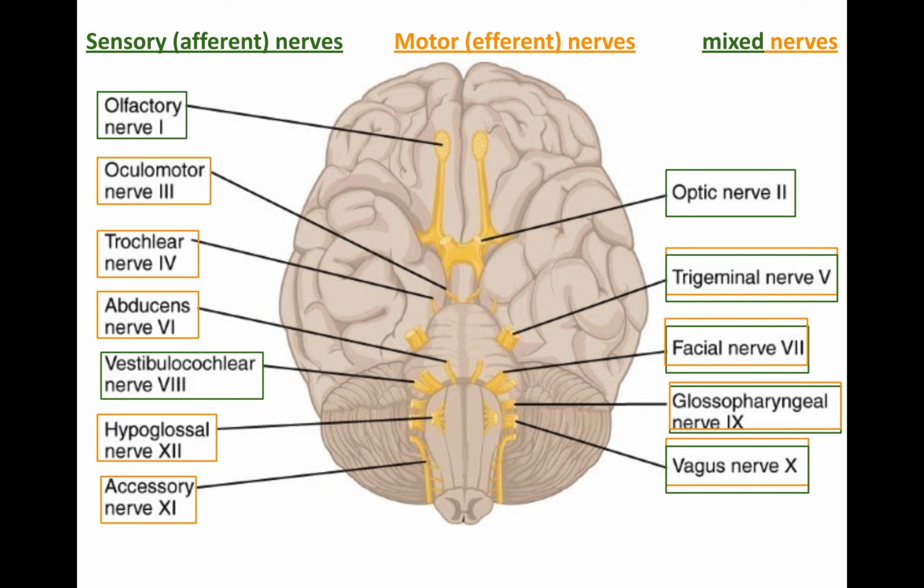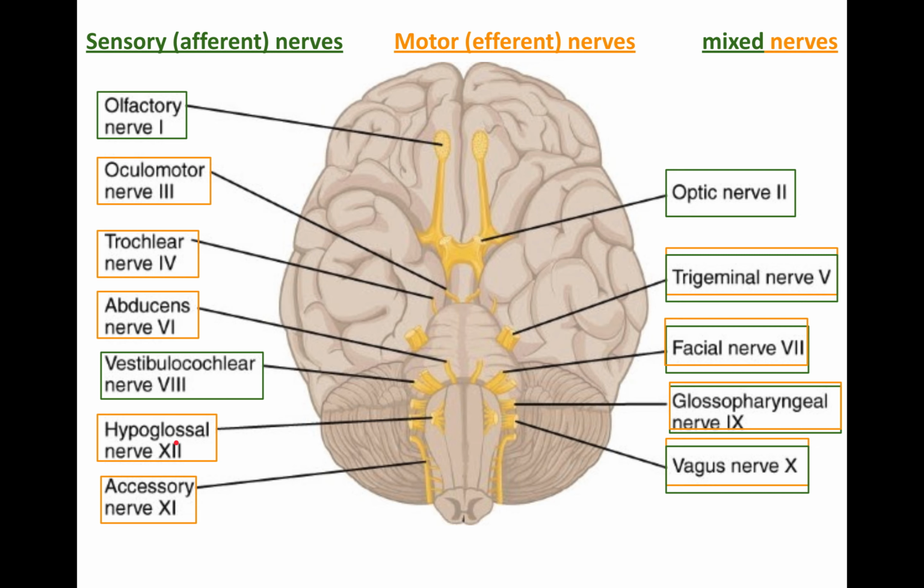So it helps control your tongue and move it around as well. Okay? Generally speaking, glosso means tongue. Pharyngeal, if you recall, pharynx is your throat. So glossopharyngeal is tongue and throat, while hypoglossal, glossal is tongue. So that's one way I remember it.